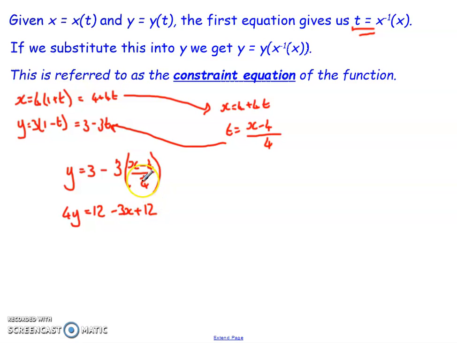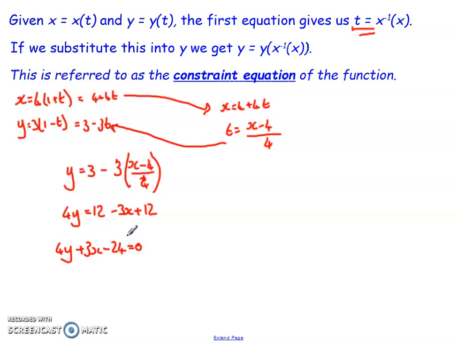I've just gotten rid of the denominator here by multiplying everything by 4 and then multiplying out the resultant bracket. If I were to then rearrange this, what I'd end up getting is 4y plus 3x minus 24 equals 0.